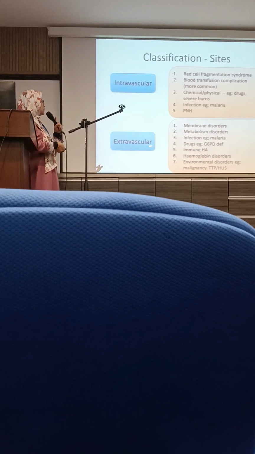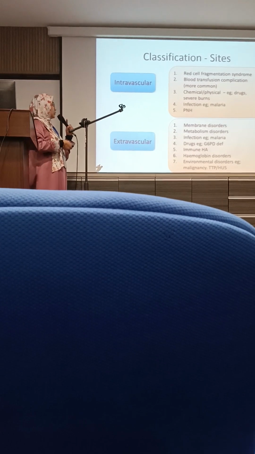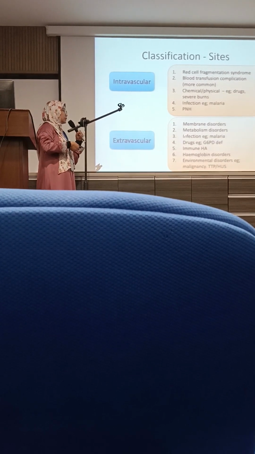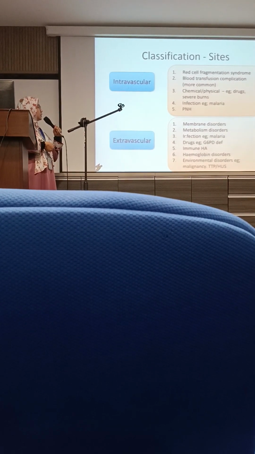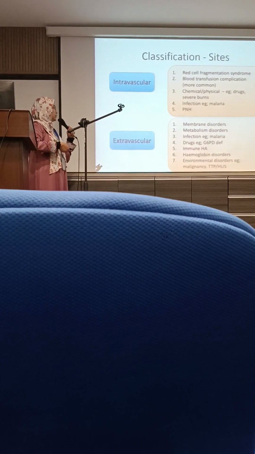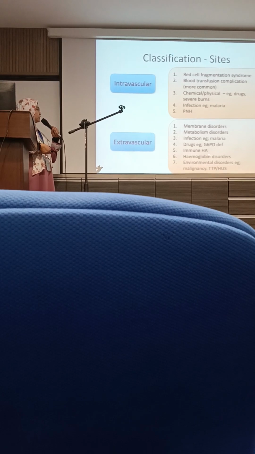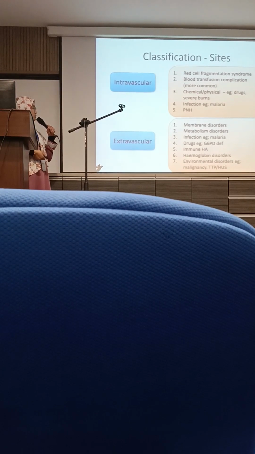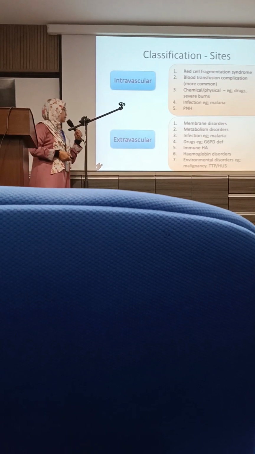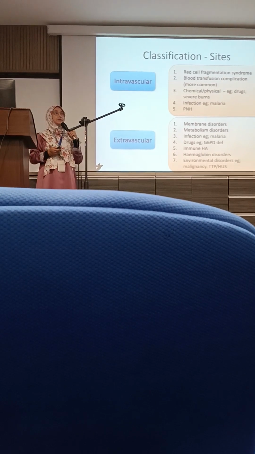The extravascular causes can be due to membrane disorders, metabolism disorders like G6PD, infection like malaria, drugs, immune hemolytic anemia, hemoglobin disorders, and environmental disorders, for example malignancy, TTP, and HUS.